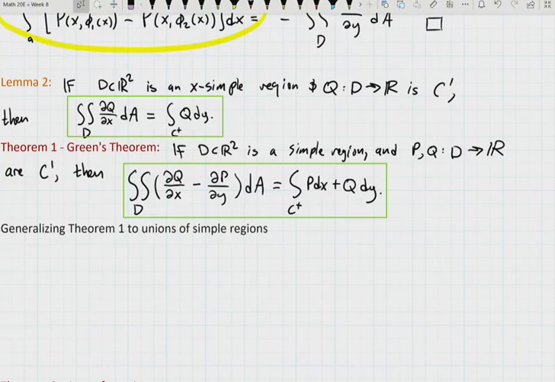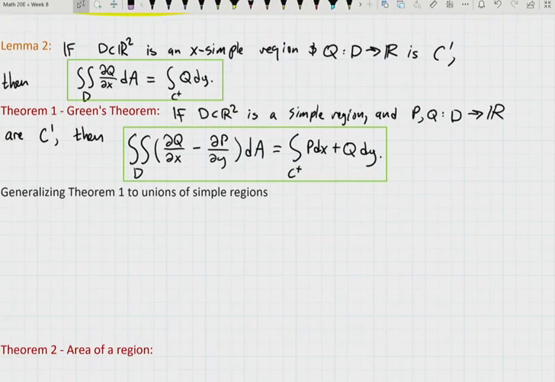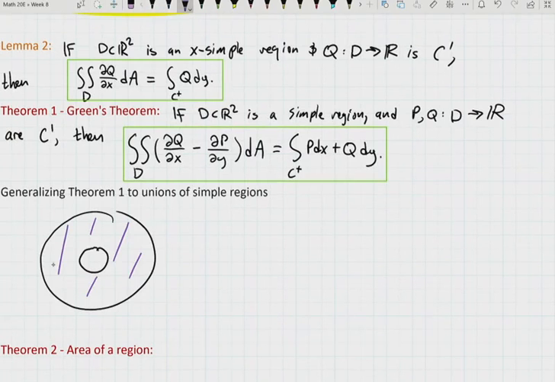So suppose we have an annulus. Let's say that region D is this annulus right there. Is it an x-simple region? What do you guys in the back say? Is that x-simple?